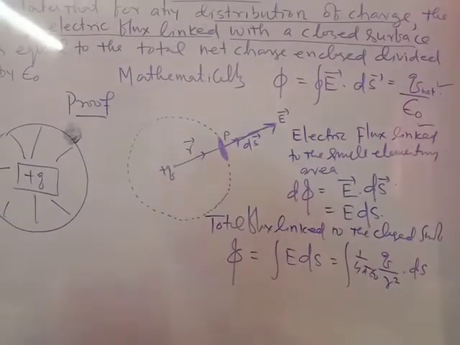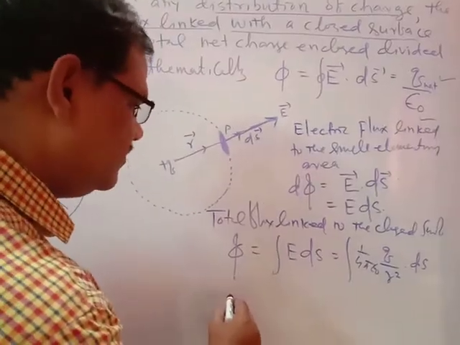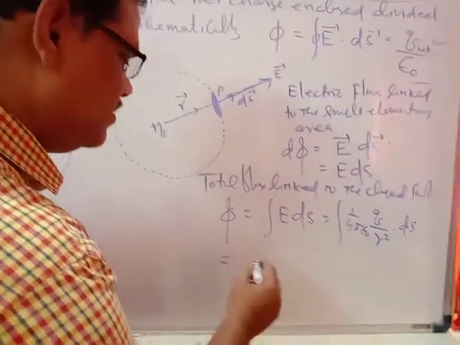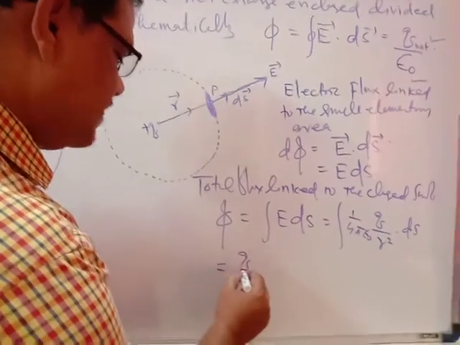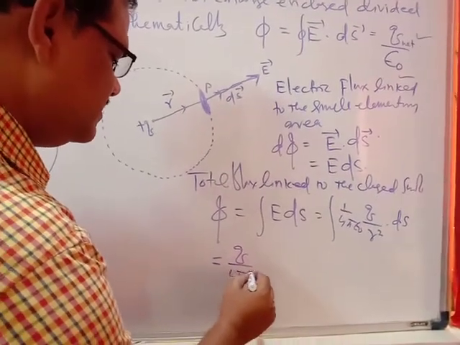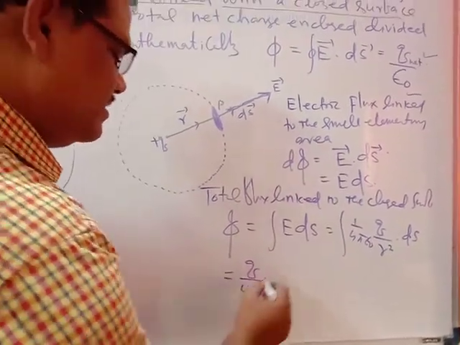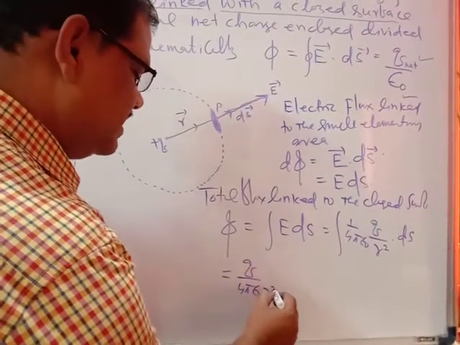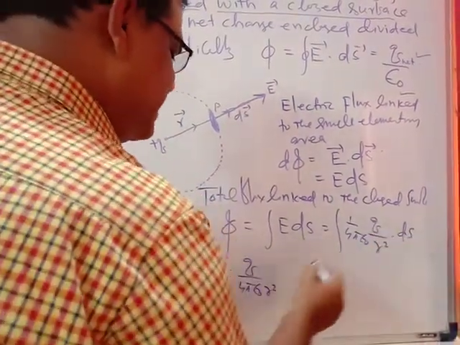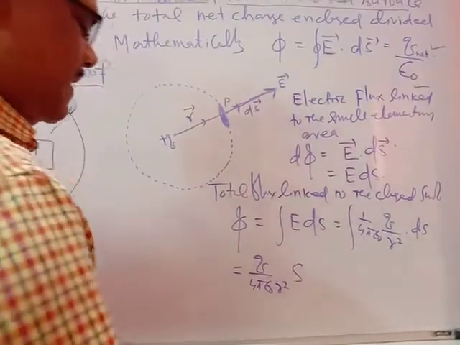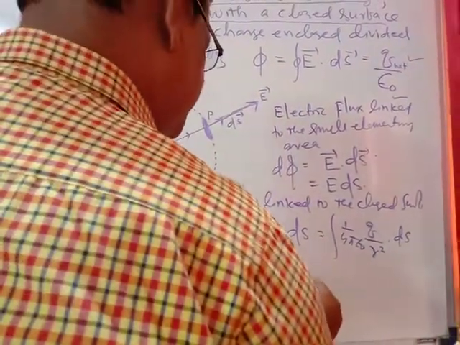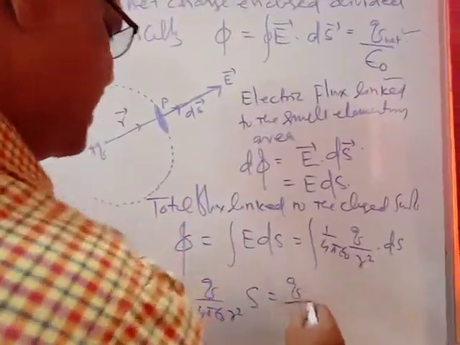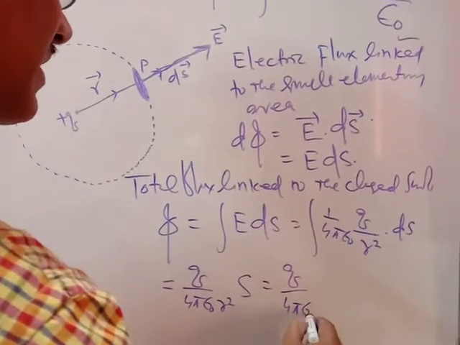So this will be equal to Q upon 4 pi epsilon naught, into r square taken out. The remaining integration of ds is s. So this will be equal to Q upon 4 pi epsilon naught r square, times s.